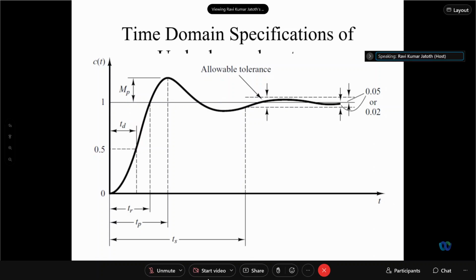And delay time, a system which exhibits delay time should be less, meaning the system is fast. And what about settling time? Settling time should be less. One system settles down within 5 seconds, another system settles down within 2 seconds. Which is better?